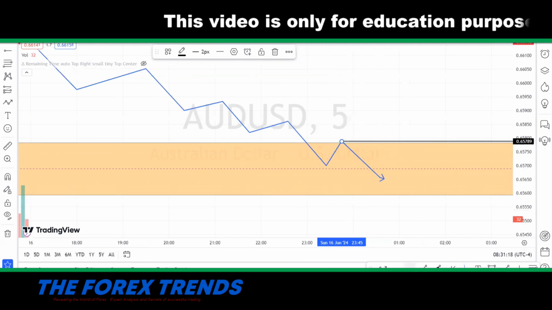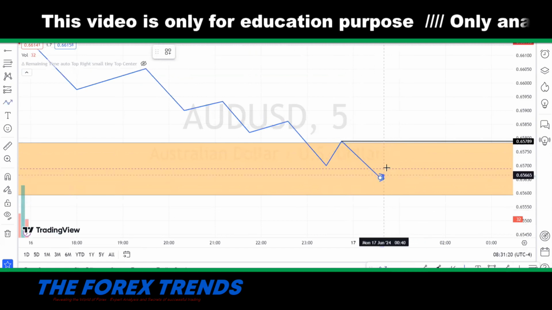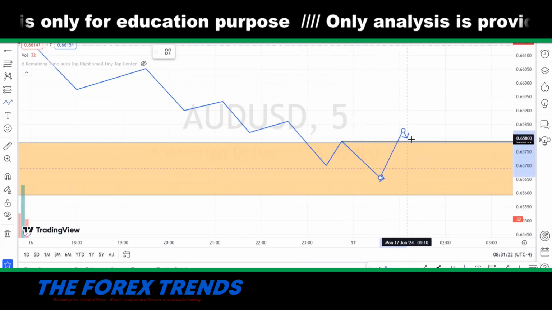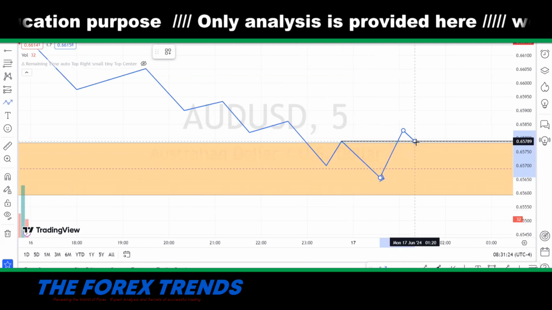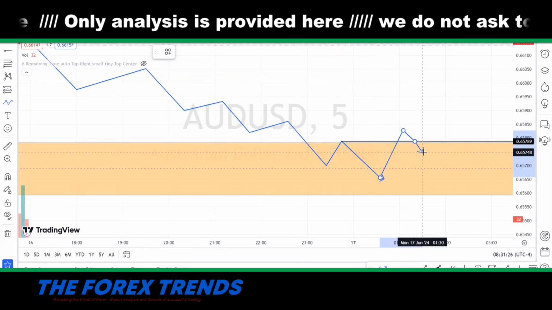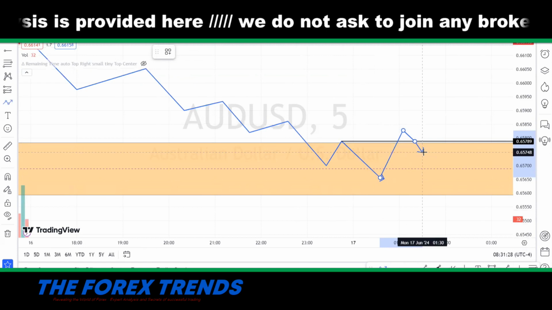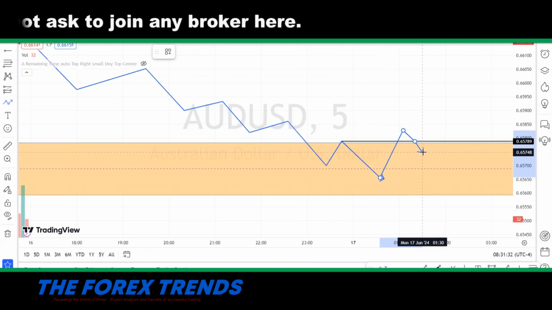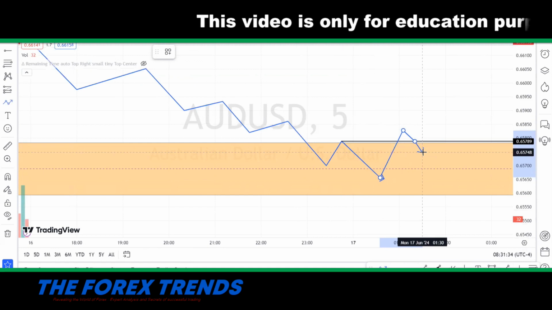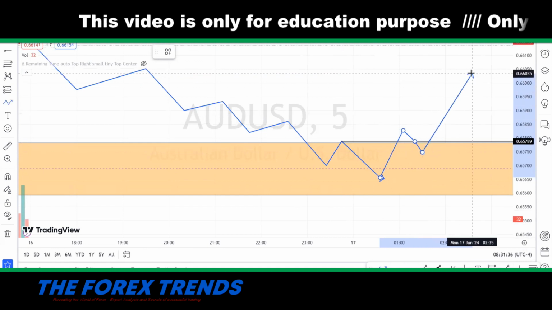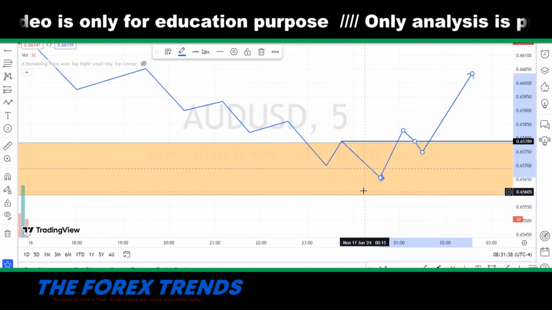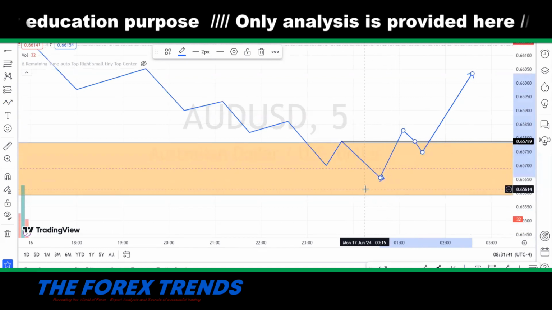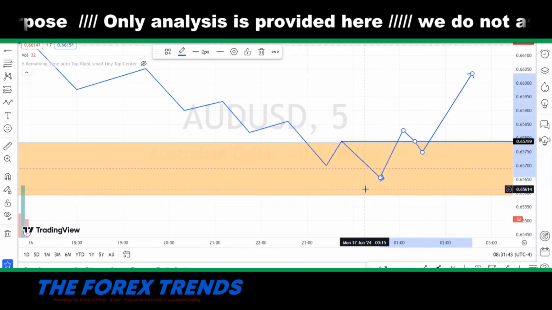So if market is able to close two candles above this level, after that we may go for a buy on retest of this price, that is 6574 or 6570, and market may go up and our SL will be below this price here. That is 10 to 15 pips SL.